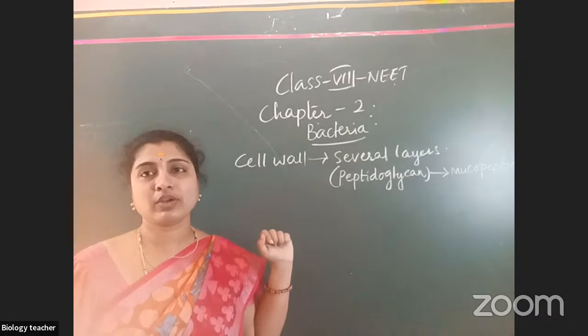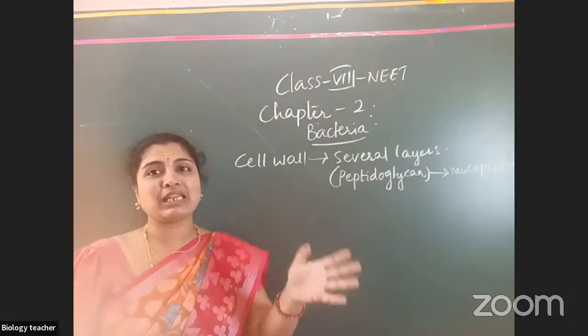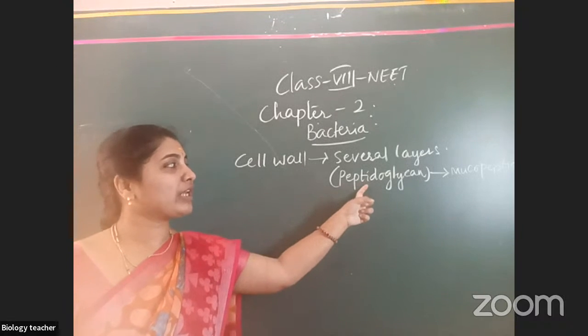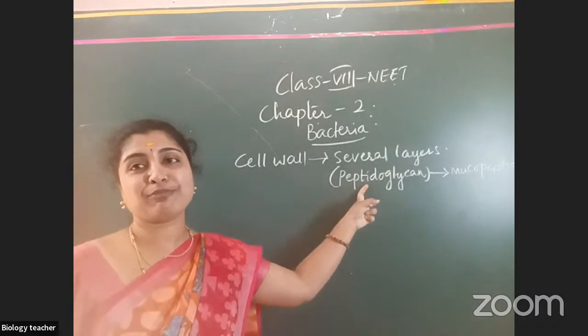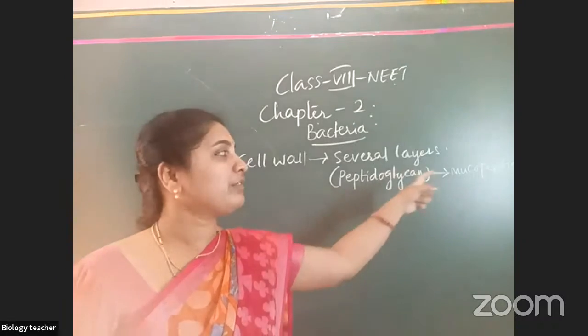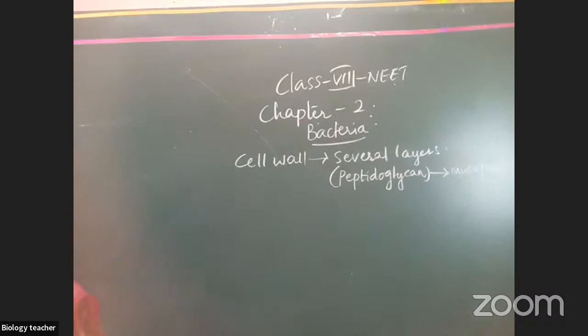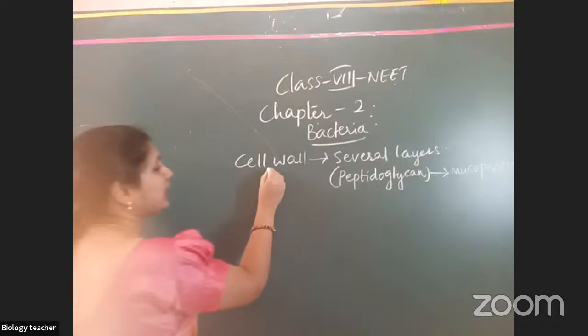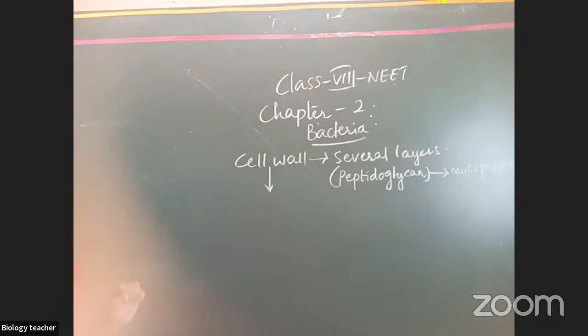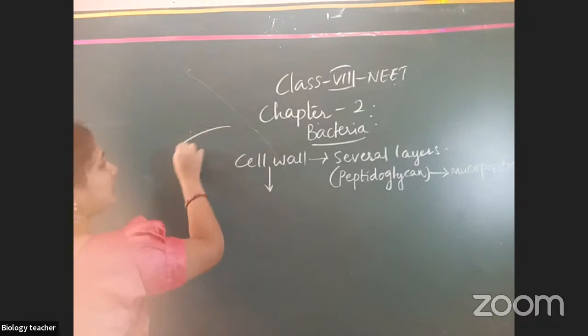The cell wall. The cell wall is made up of many layers, and these layers are known as peptidoglycan, or mucopeptide. Here I am showing a typical bacterium.